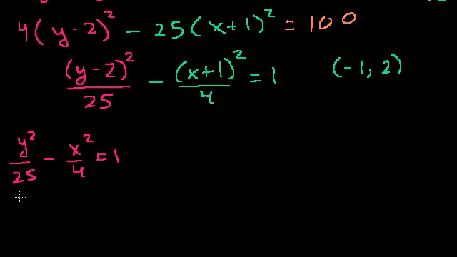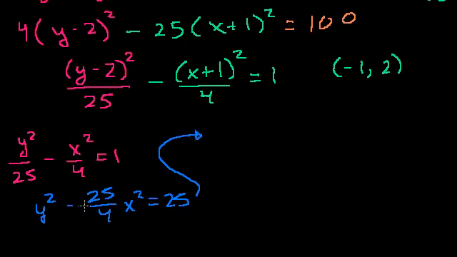So then you get y squared minus 25 over 4 x squared is equal to 25. And then if I add 25 over 4 x squared to both sides, I get y squared is equal to 25 over 4 x squared plus 25.